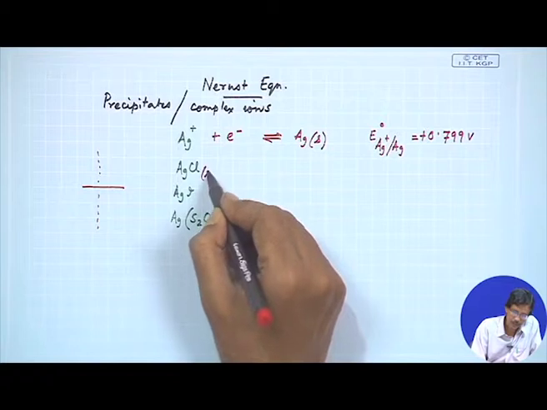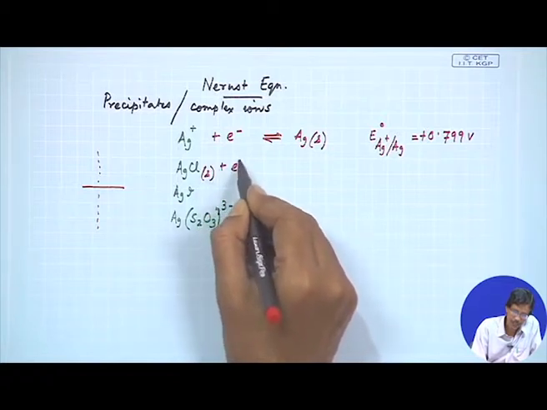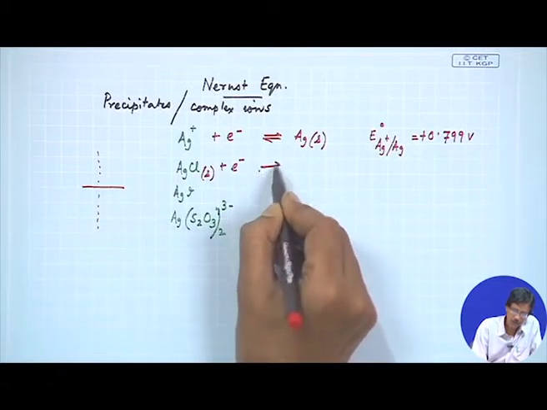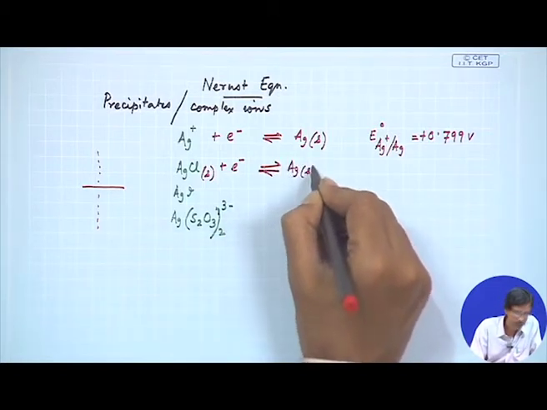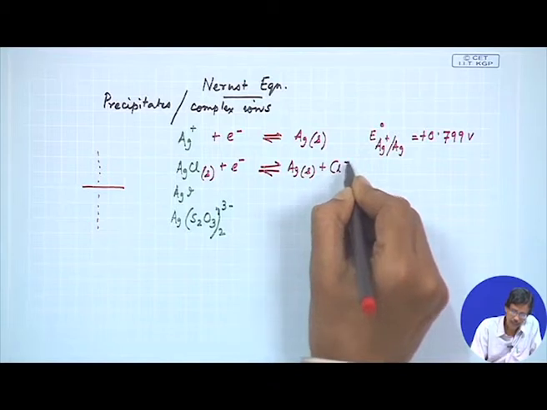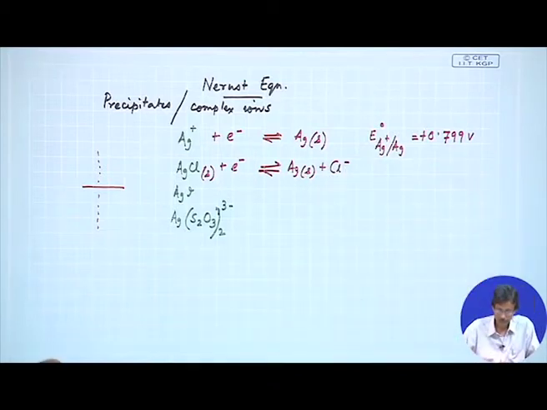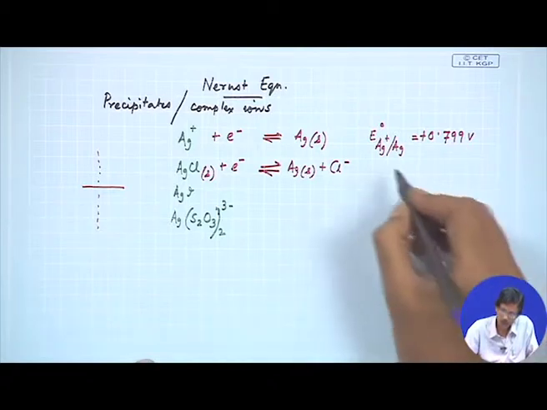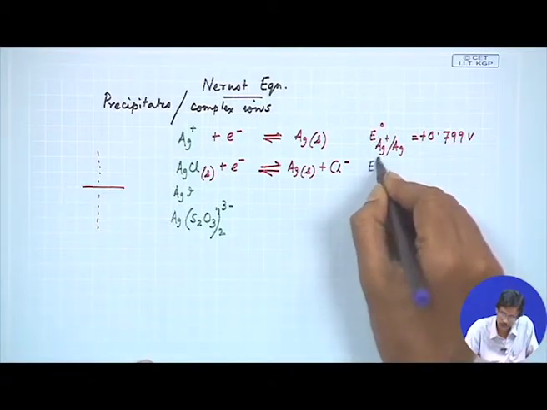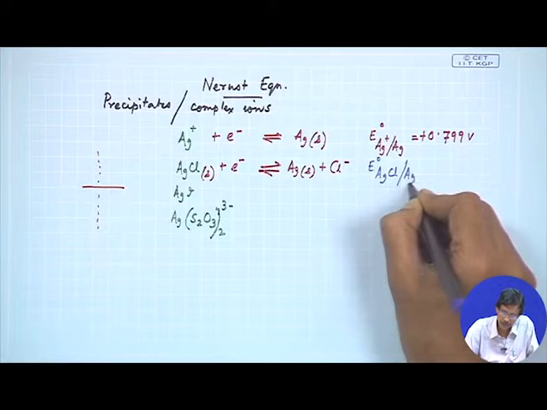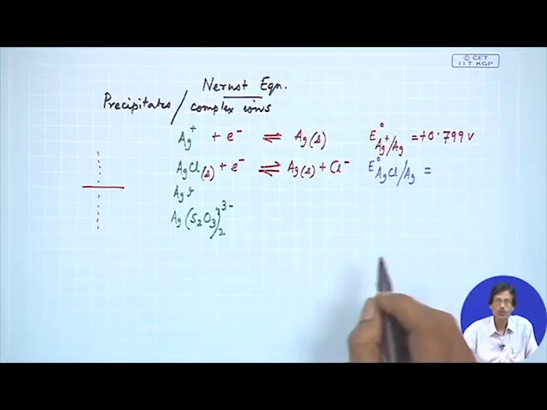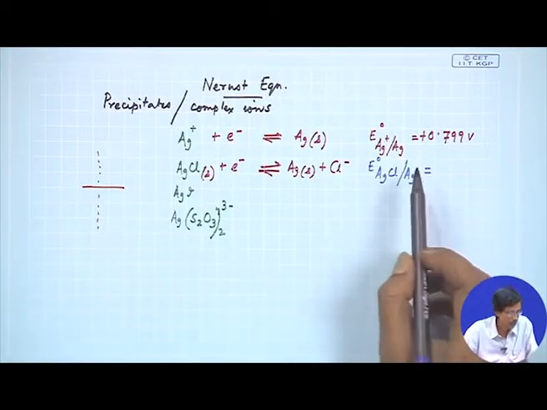Then what we have just seen, the solid silver chloride is accepting electron, giving rise to silver as solid and the chloride ions. So, this we can have, and the E0 for this will be written for silver chloride, silver, but how do we know the value of this?